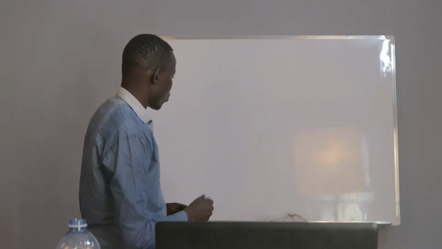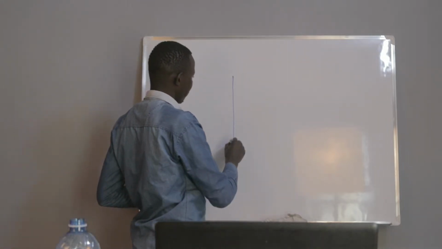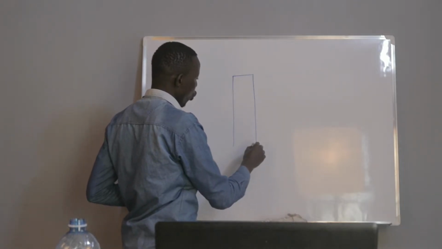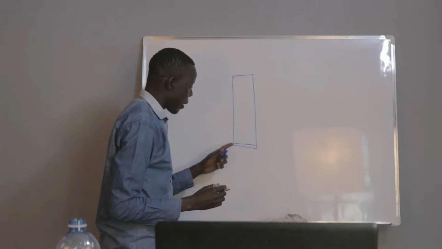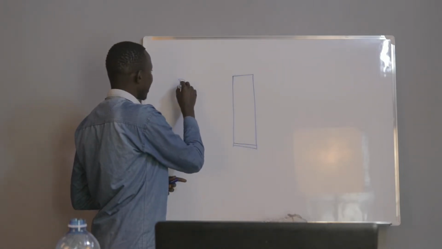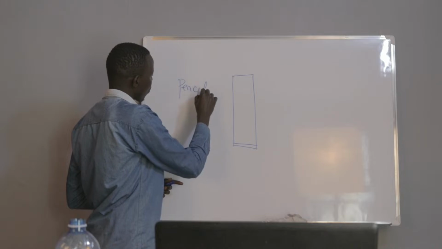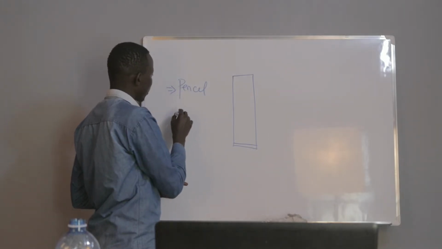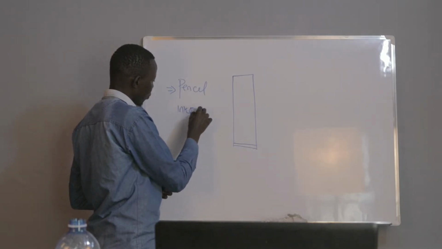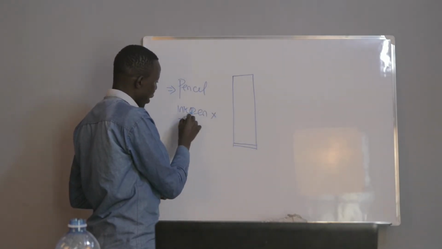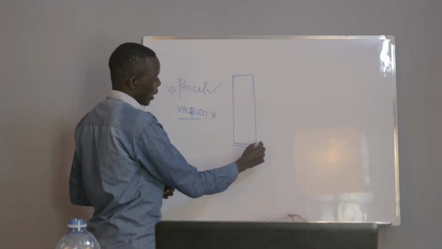They asked, you know when you have chromatography like this, you have to draw the baseline. And the baseline is drawn using a pencil, not an ink pen. We don't use the ink pen, we use a pencil to draw the baseline.